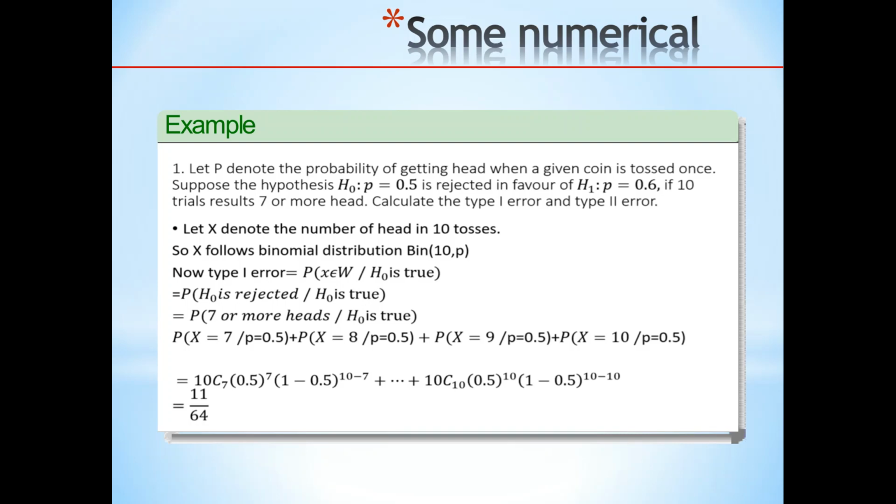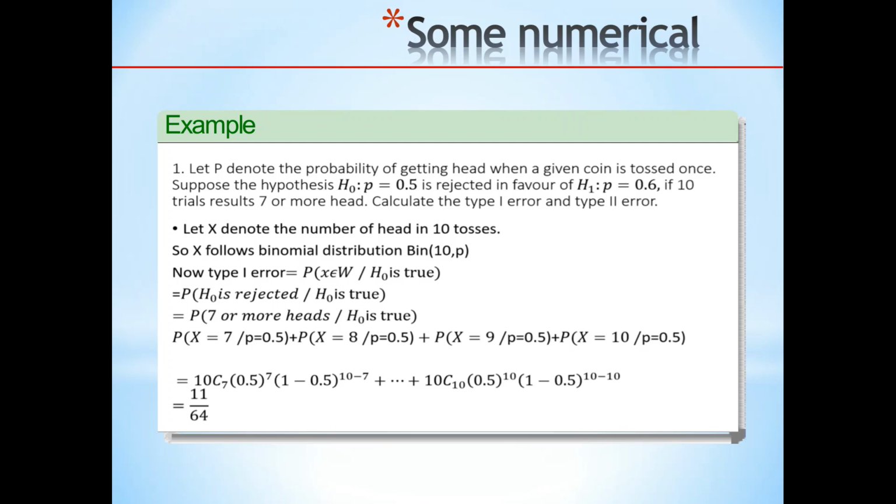Let x denote the number of heads in 10 tosses. So x follows a binomial distribution of 10, p. Now we know the type 1 error is defined as the probability of x lying in the critical region given that the null hypothesis is true, which equals the probability of the null hypothesis being rejected given the null hypothesis is true. And we know the null hypothesis is rejected when there are 7 or more heads.